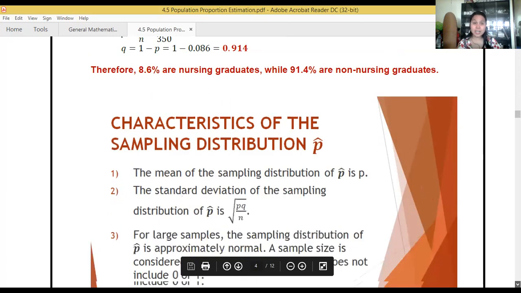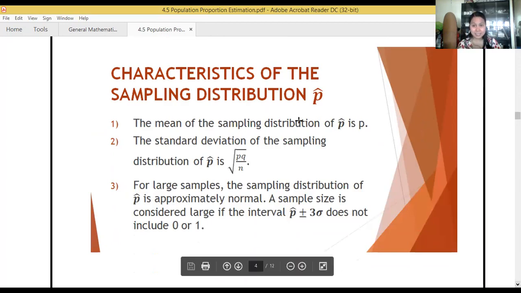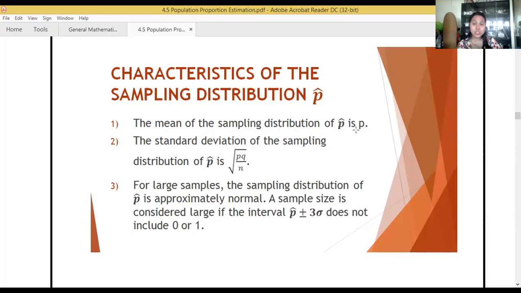Let's go to the characteristics of the sampling distribution. Number 1, the point estimate or the mean, here it's P hat. It can be P hat or P prime, and it is equal to P. Next, the standard deviation is solved as the square root of PQ over N. How will you know that the sample size is large?